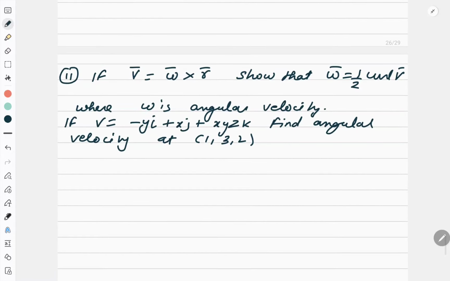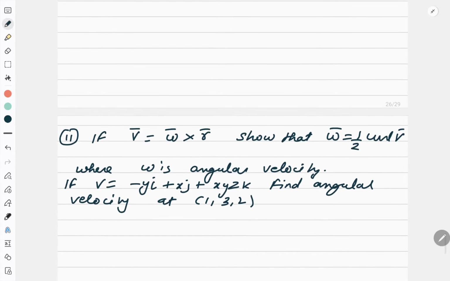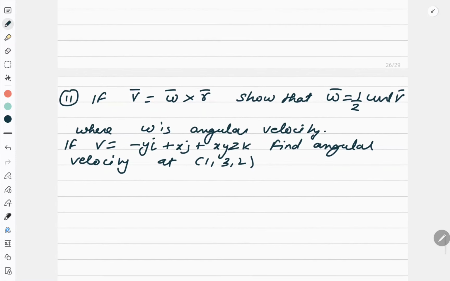Now this question is a little bit different. If v is equal to omega cross r, show that omega is equal to 1 by 2 curl v. Right. So now what you have to do here, first it becomes very easy when you name it. So omega, let me write it as w1 i plus w2 j plus w3 k, and r is xi plus yj plus zk, the position vector.